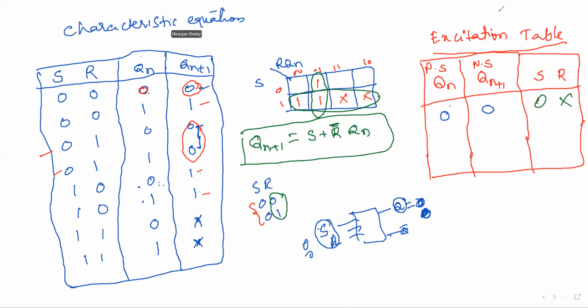Next, my present state is 0, and the next state I want as a 1. Next state I want as a 1. See, at 0 0 there is 1, next at 1 0 there is 1. So 0 0, 1 0, what is it, sorry, so 0 1, see here, 0 1, right?